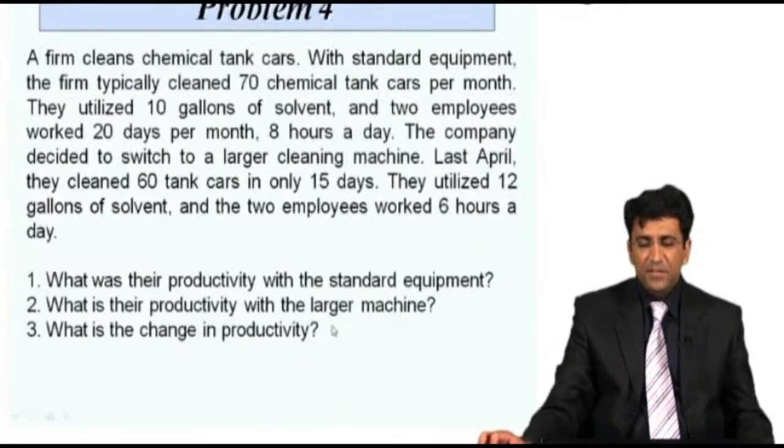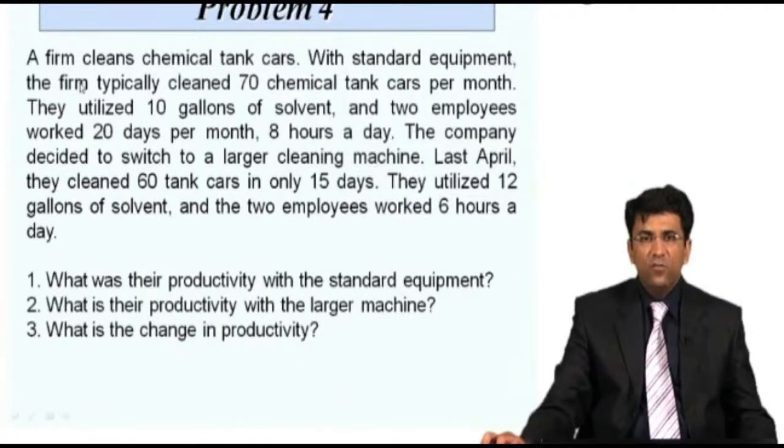Now again students, what happens after the usage of that larger cleaning machine? They utilized 12 gallons of solvent and the 2 employees worked 6 hours a day. Now this is very important. Now they are going to achieve the 60 tank cars service within only 15 days. So this information will give you the new labor hours.